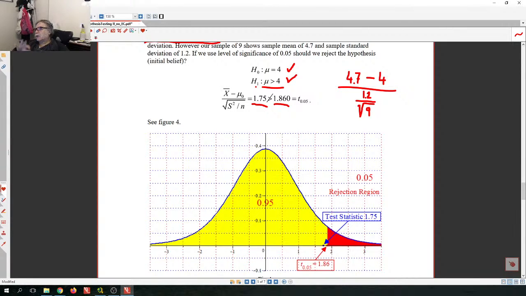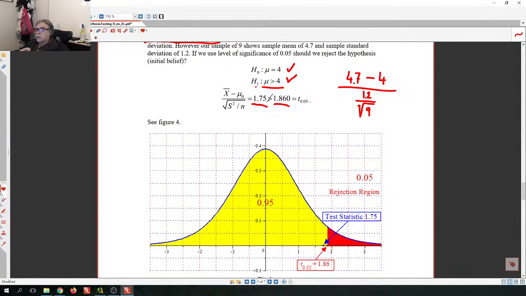And notice also in the homework, the author of the textbook will ask you questions about the claims. In your setup of every test, there are two claims. One of them is the null claim, the null hypothesis, and one of them is the alternative hypothesis, the alternative claim. They are equal in terms of importance.